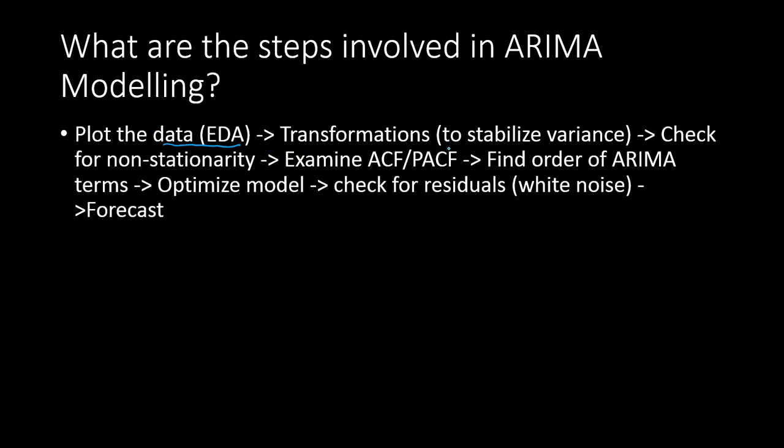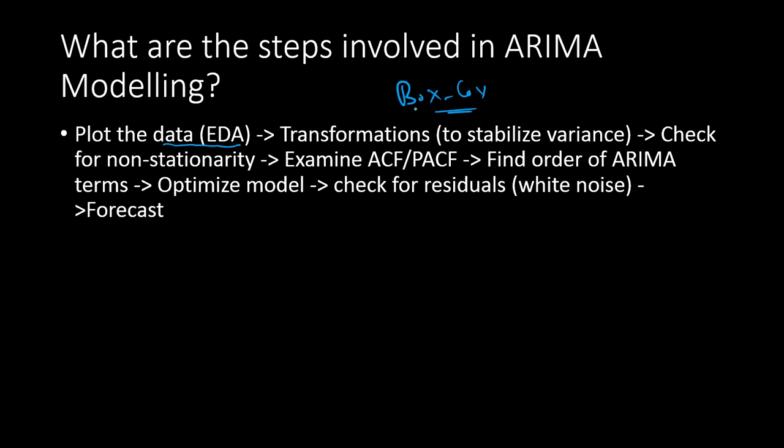If the variance is changing, sometimes it can be stabilized. There are some transformations available, like the Box-Cox transformation, which is useful to stabilize the variance and make sure that the variance is uniform across the series.